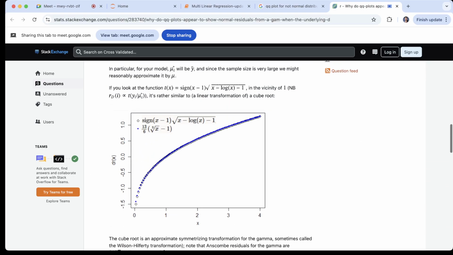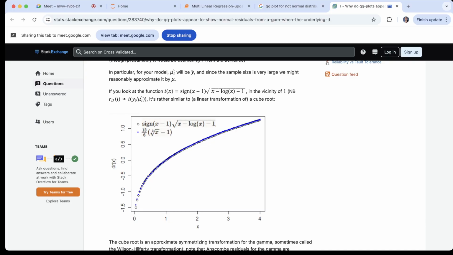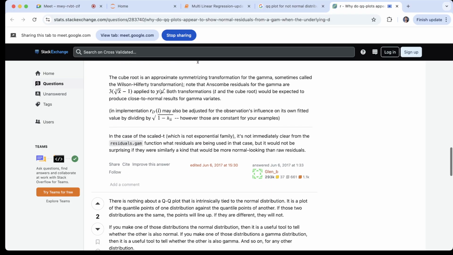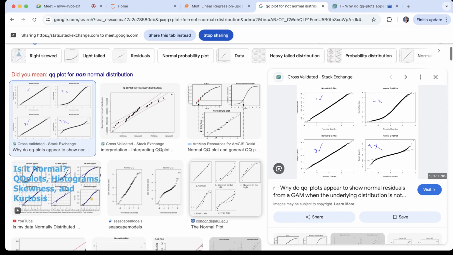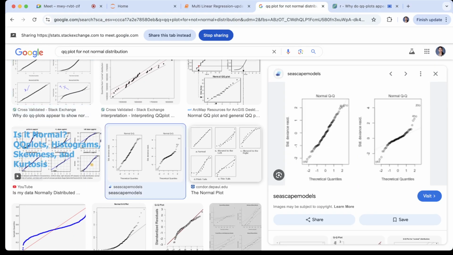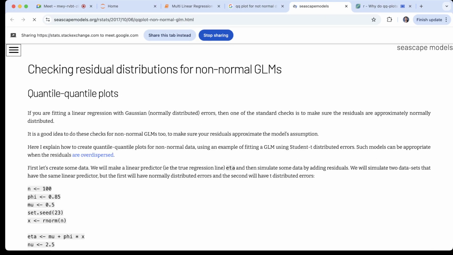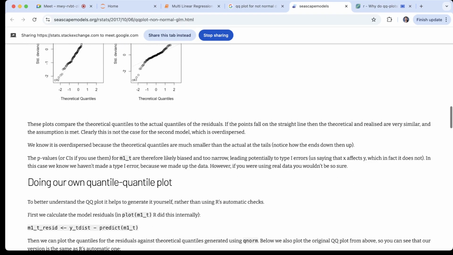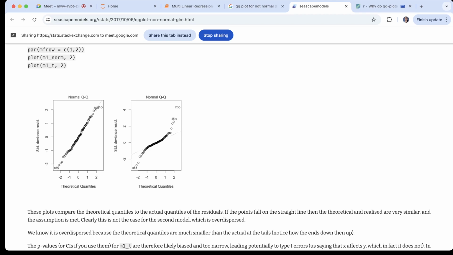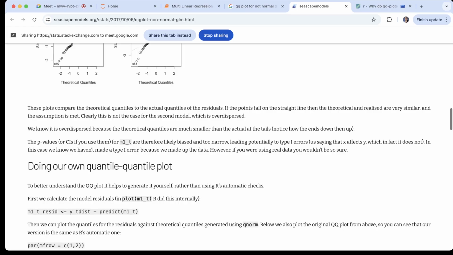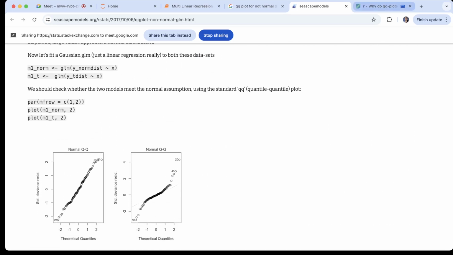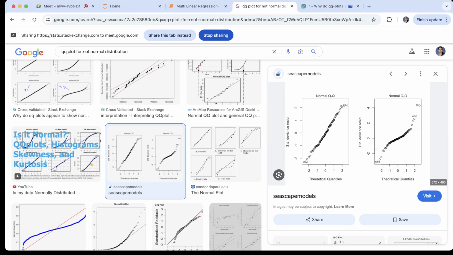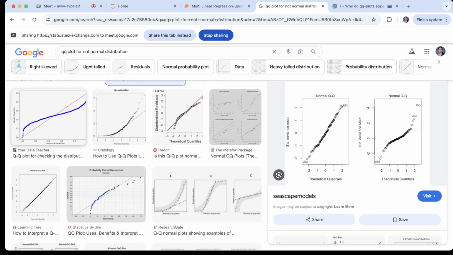So if your QQ plot comes like this, that is a better representation.